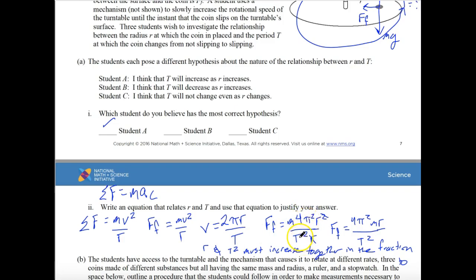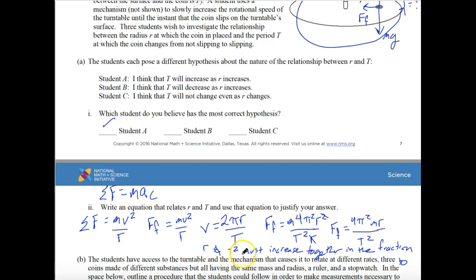And then we also had to square the r, and that is over r, and our mass we just put out front. You can cross off one of the r's, and you're left with the force of friction equal to 4 pi squared m r over T squared.